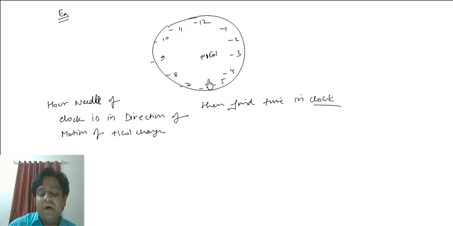If the hour needle is exactly at 7, then the time will be 7. If the hour needle is between 6 and 7, then the time will be 6:30. So that way we have to tell the time when the hour needle of the clock is in the direction of motion of this +1 Coulomb charge. This question is quite simple.